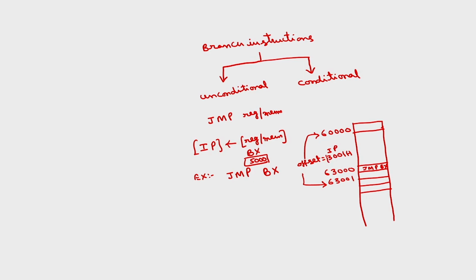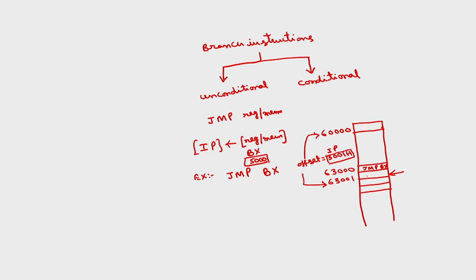The instruction pointer contents become 3001 H, which I have explained in the earlier classes also. So the instruction pointer always holds the address of the instruction which is to be executed next. If this is not a jump instruction, the microprocessor is supposed to execute this next instruction. Its offset is 3001, which will be held by the instruction pointer.